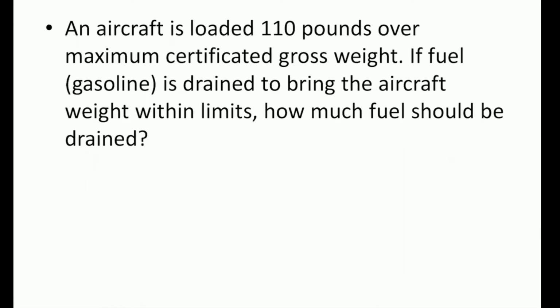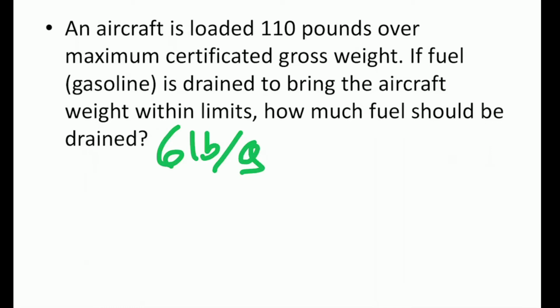Example: an aircraft is loaded 110 pounds over the max certified gross weight. If fuel, gasoline, is drained to bring the aircraft within limits, how much fuel should be drained? Well, the first thing we know is that fuel weighs 6 pounds per gallon. So how many gallons do we need to take out?